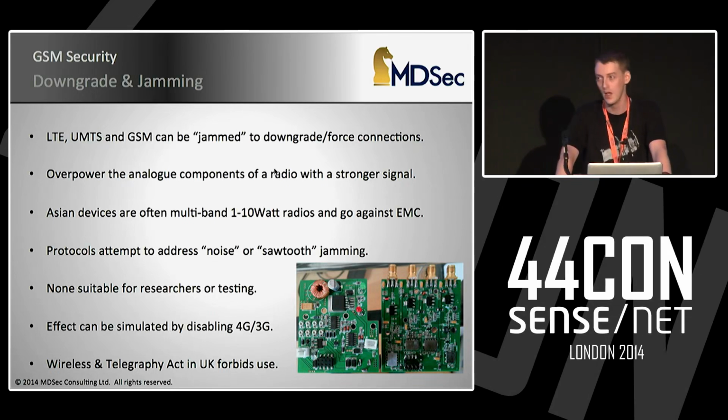Their whole purpose is to overload frequencies and essentially jam up the spectrum. So they have really no practical use for researchers or for trying to understand how this works, other than the fact that they exist. And if you were criminally minded, then perhaps you might want to use these in the wild. But as I say, it's not really advised here in the UK. Certainly their use is illegal.